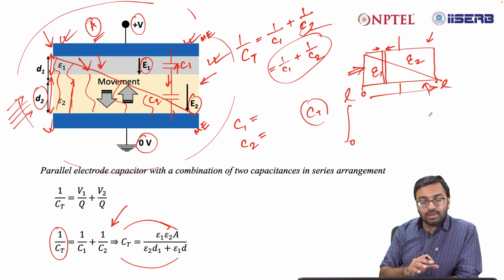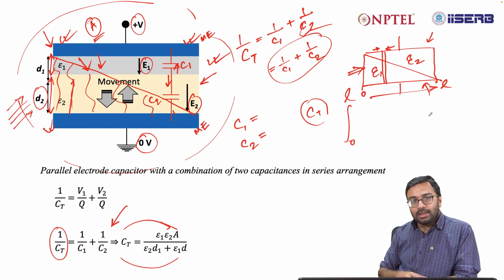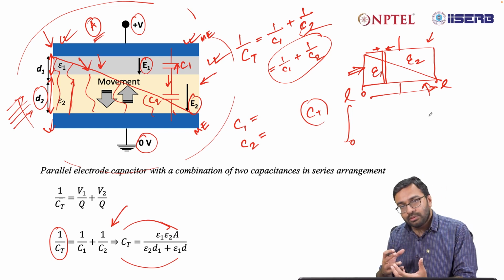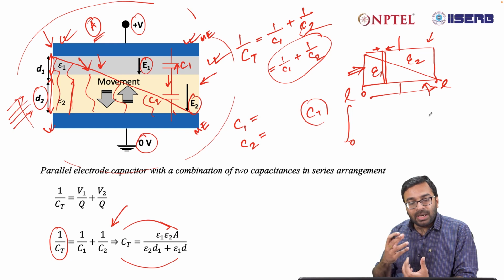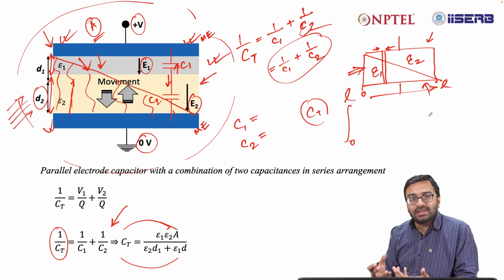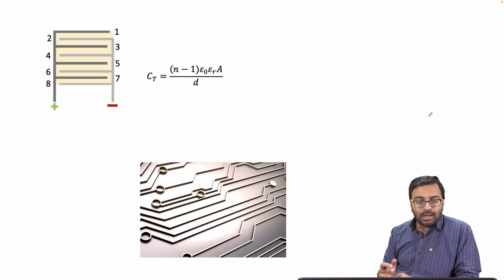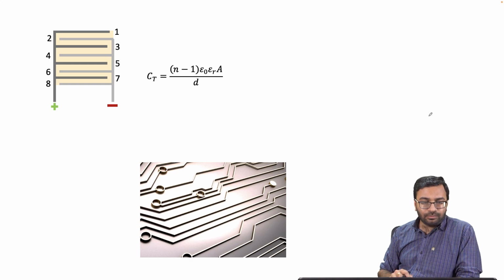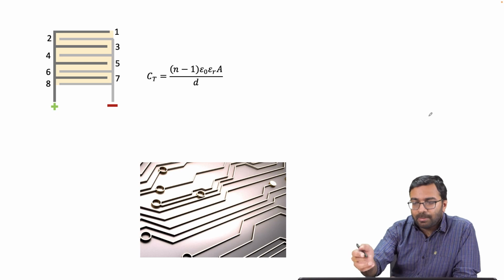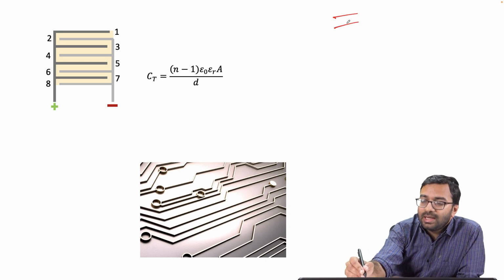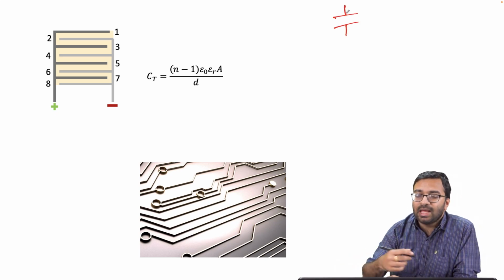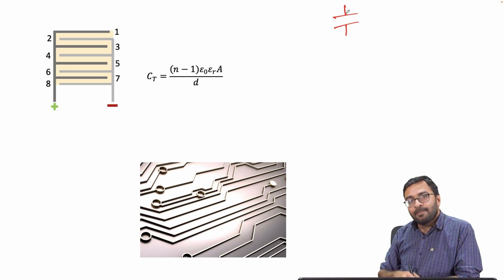Now, this is what I have shown here. These two architectures are a kind of parallel plate capacitor which can act as a sensor. Now, similarly, you will find not only the parallel plate capacitor, any capacitor structure that you make will act as a sensor.